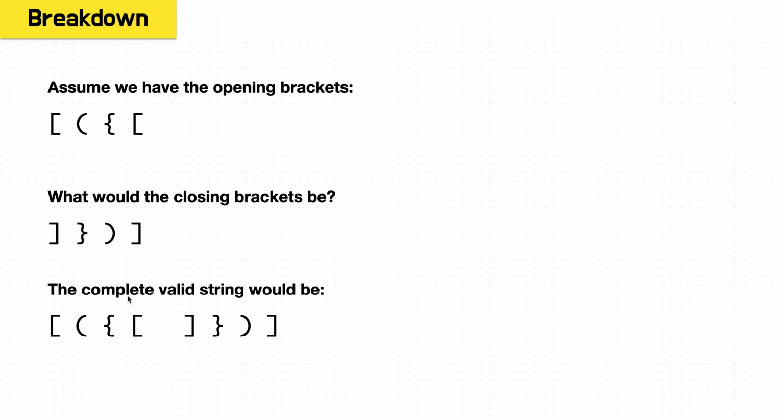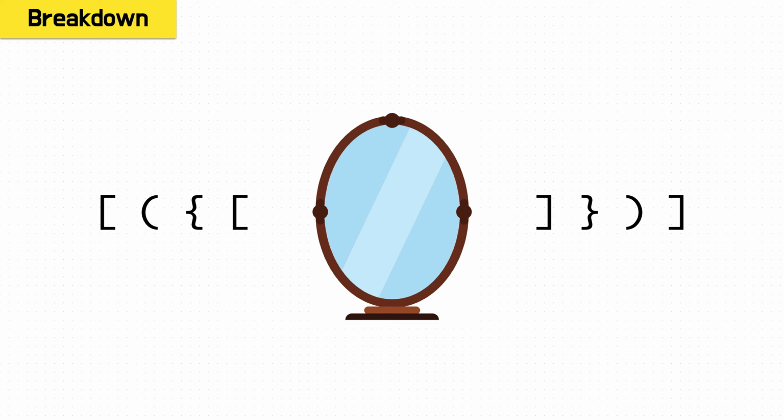Or the complete string would be all the opening brackets followed by that closing bracket set that we just looked at. So if we really focus in on what's happening, when you have an opening set of brackets, the closing set of brackets is going to be a mirror image of that. If you consider this the center point, then on each side closest to the center, they must be the same bracket, and then they must match every single one moving outwards from there.